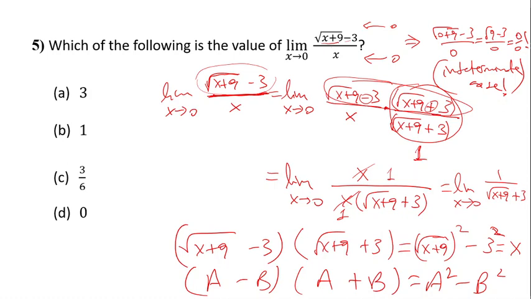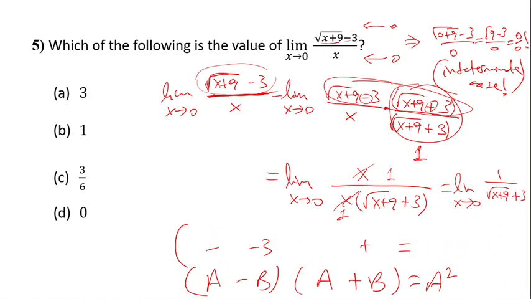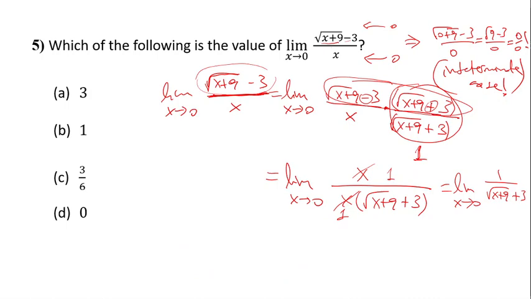The next thing is we substitute 0 for x, and then it will be 1 over square root of 0 plus 9 plus 3, so 1 over 3 plus 3, which is 1 over 6.